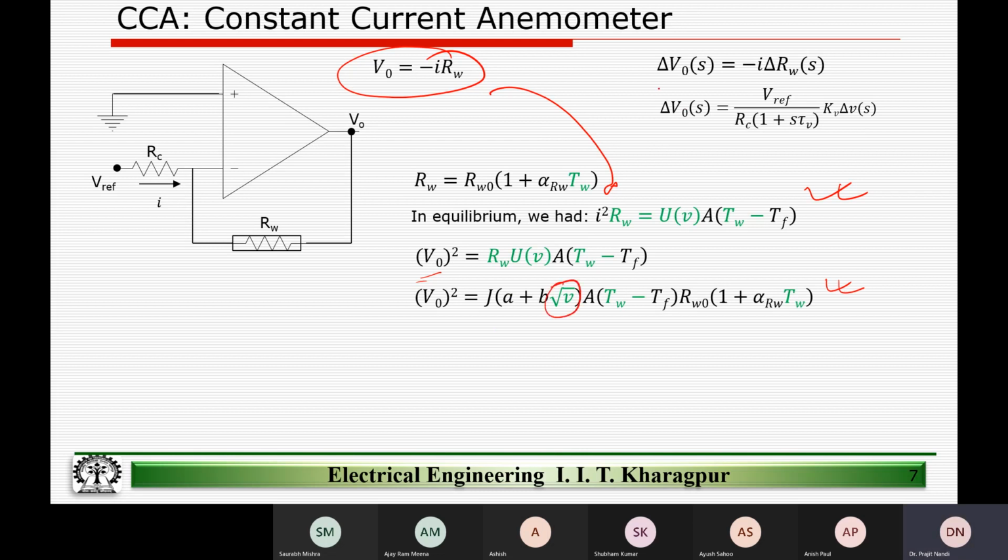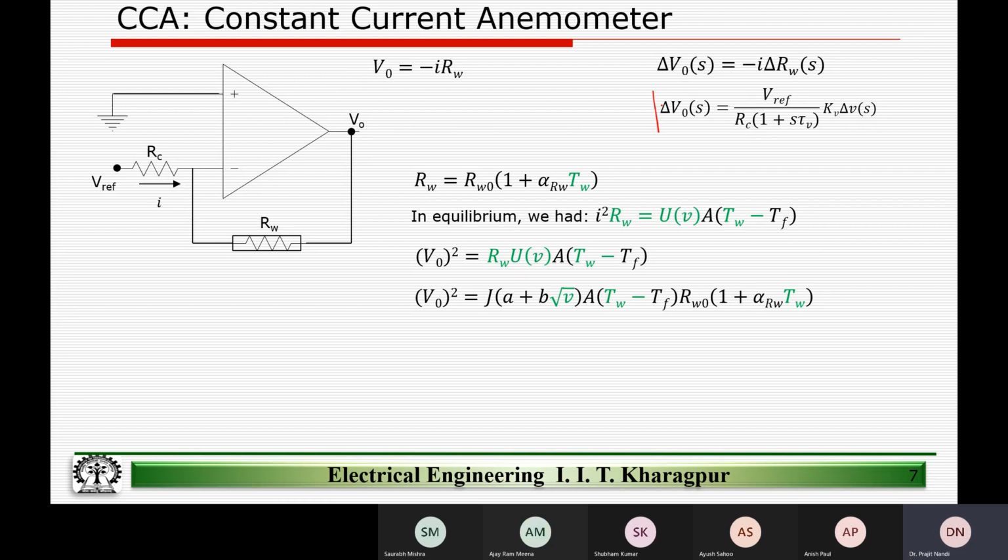Please understand, there is a difference between this and this. What is the difference between these two equations, guys? Can someone tell me? We derived all this. Here we are talking of delta V0, the small voltage change as a function of a small change in fluid velocity. This is very important to understand. If you are doing an analog electronics course, you will see exactly these kinds of problems, wherein you have to identify that the transfer function we are talking about is based on small signal quantities.